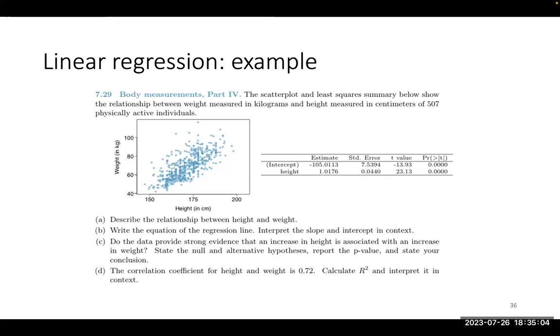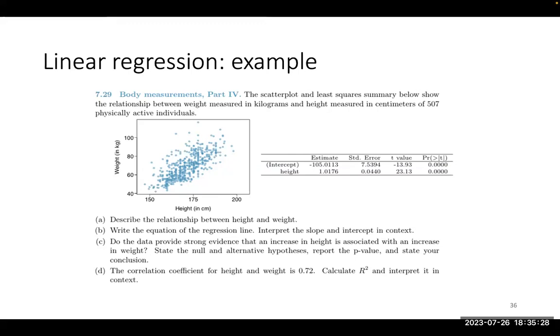But again, let's stick just with this interpretation. So basically the way you would utilize this, you want to predict the weight of an individual that is, let's say 170 centimeters, let's do 180, that's easier. 180 centimeters, that's 5'10".